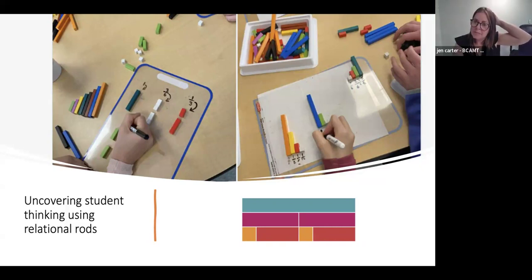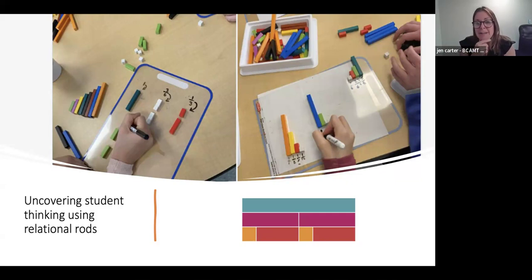This was an example from grade 6-7 at one of our schools here in Vernon. The purpose was for them to find equivalent fractions, but it became clear almost immediately that half the class didn't understand that there needed to be equal parts.